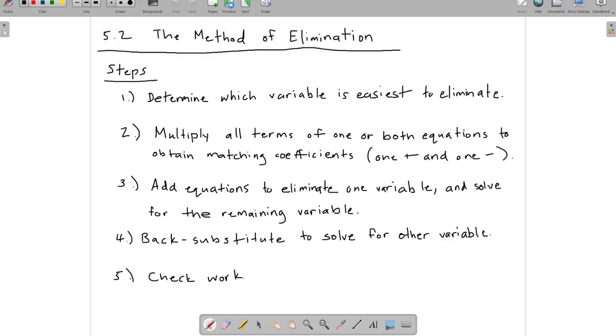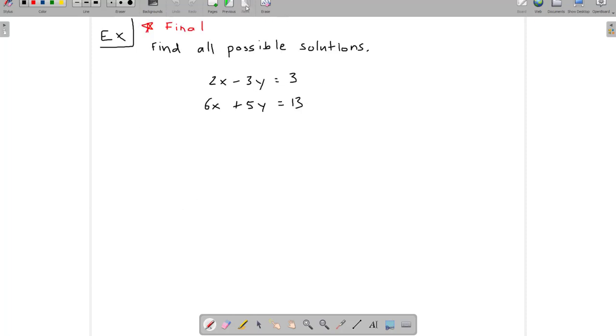So let's go ahead and look at our steps for elimination. We're first going to want to determine which variable is easiest to eliminate. Looking at this system, notice that for your x coefficients, the second one is a multiple of the first one. So I'm only going to need to multiply the first equation in order to get these coefficients to match up.